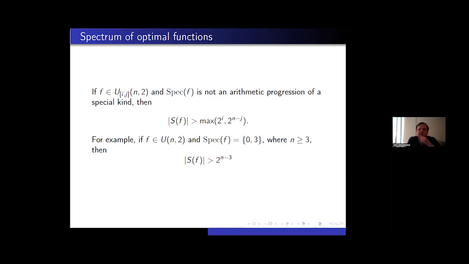For example, if we consider the case when f belongs to the space U^n_2 and the spectrum of f is equal to {0, 3}, then by previous results this function is not optimal, so the support size of f is greater than 2 to the power of n minus 3. Okay, that's all. Thank you very much.